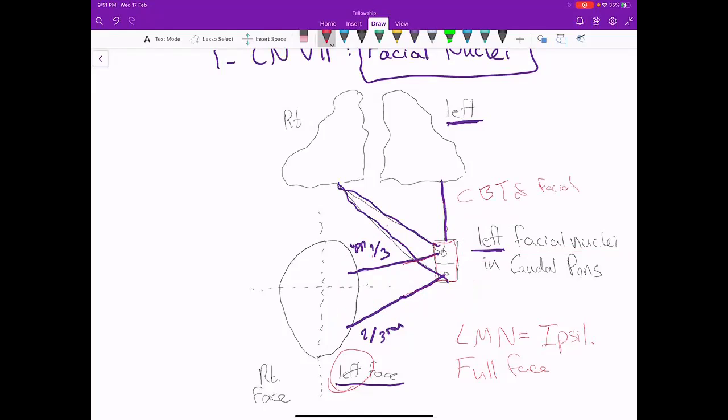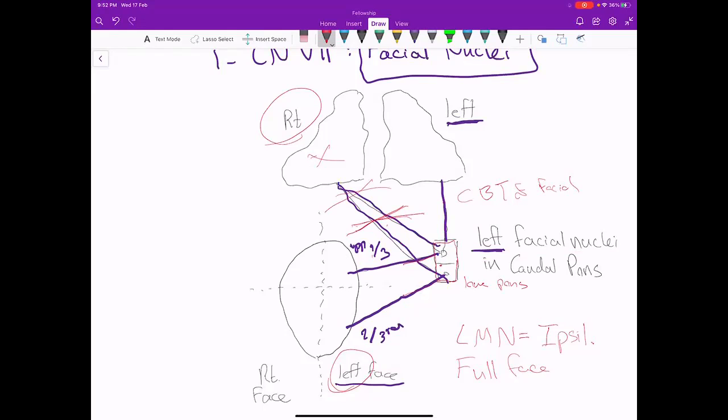Okay. So let's say I got damage in the right, I got a stroke in my right cerebral cortex. Or I got some lesion or a stroke somewhere along the way, it could be, for example, in the midbrain, right? Because we're talking about the lower pons. This here is lower pons. So let's say this is somewhere in the upper midbrain or even above the brainstem. Guess what's going to happen?